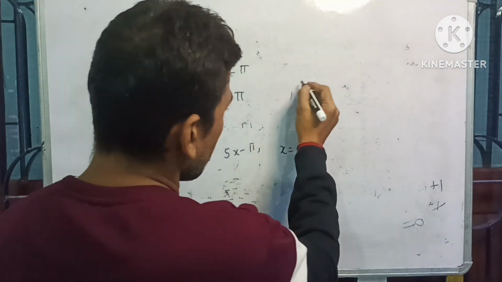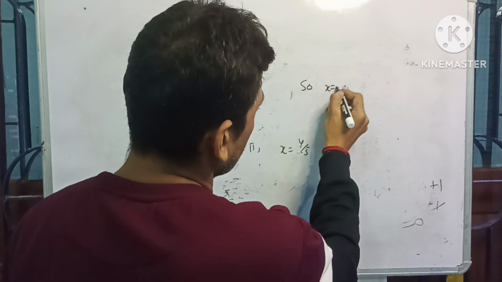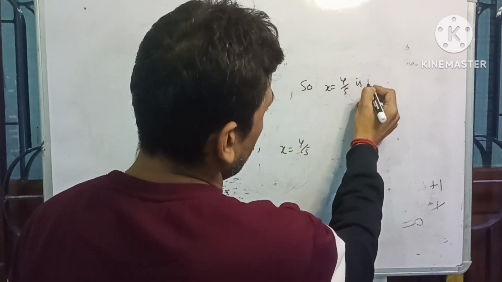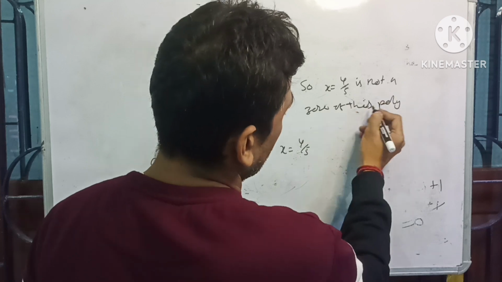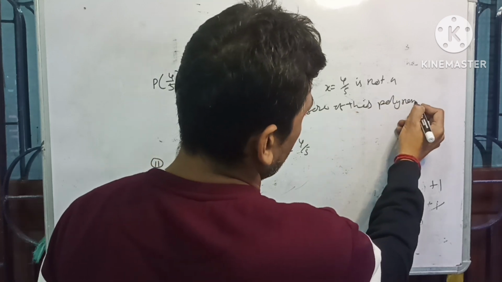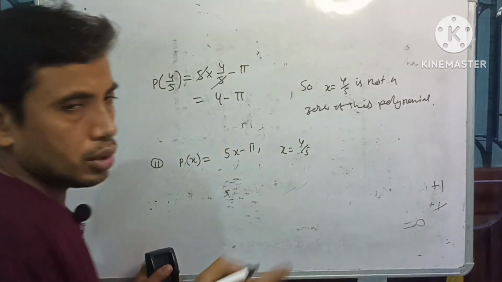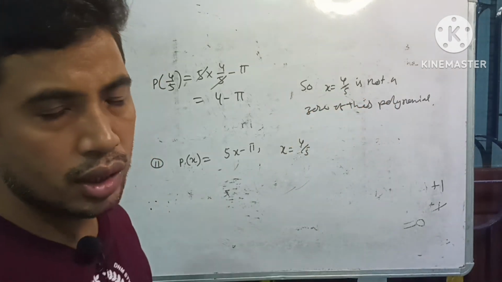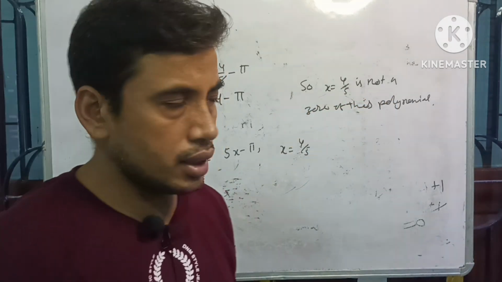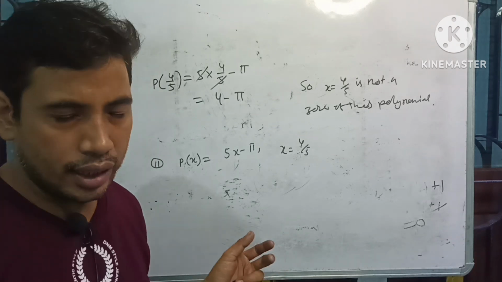Okay? So you write x is equal to 4 by 5 is not a zero of this polynomial. Okay? You try the remaining examples as homework.